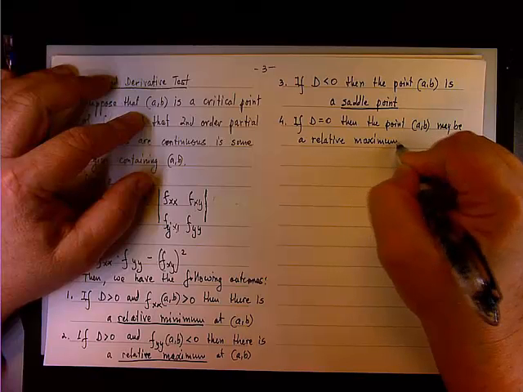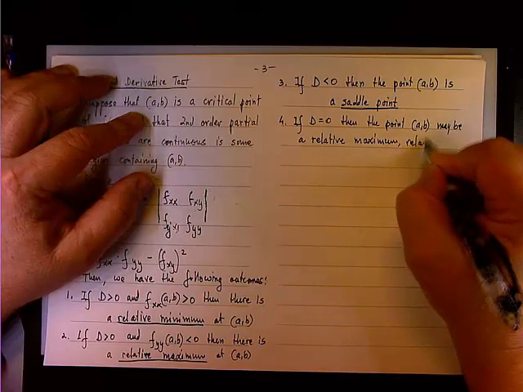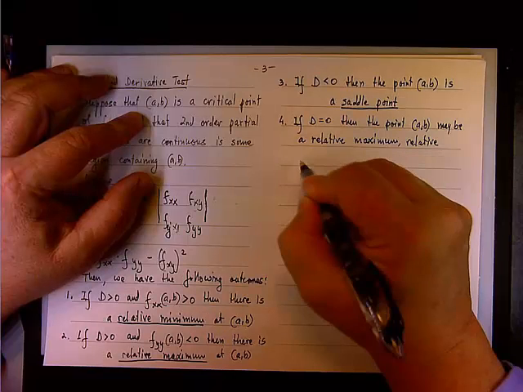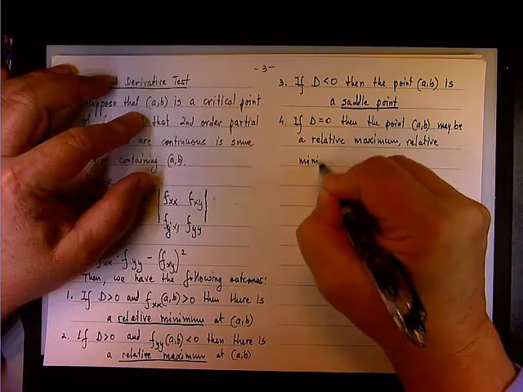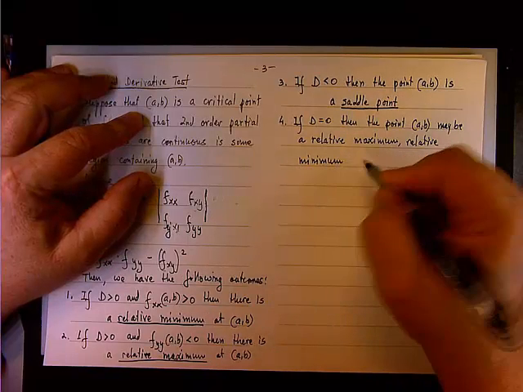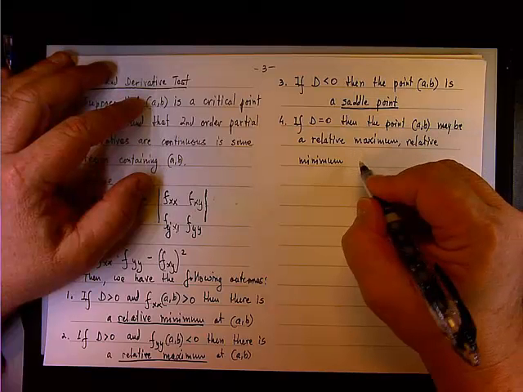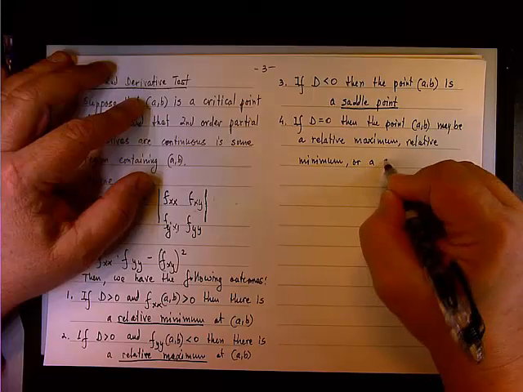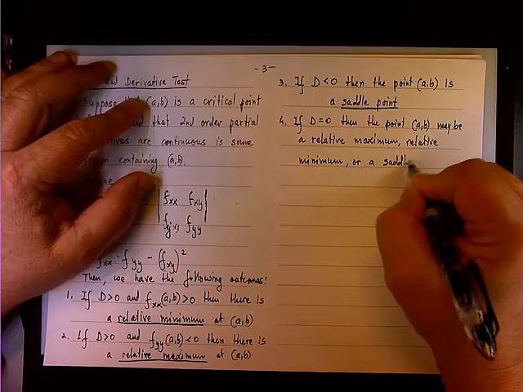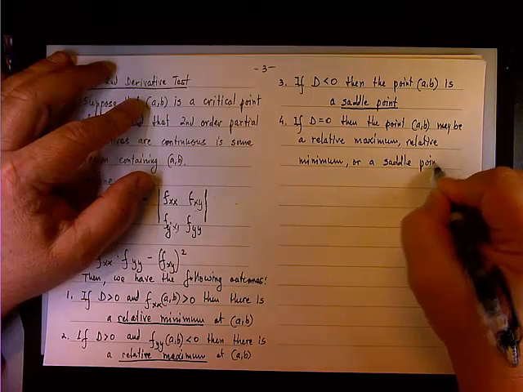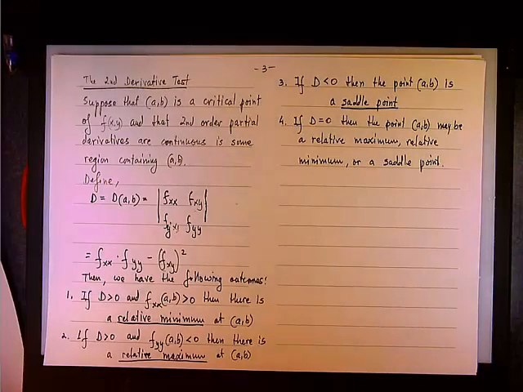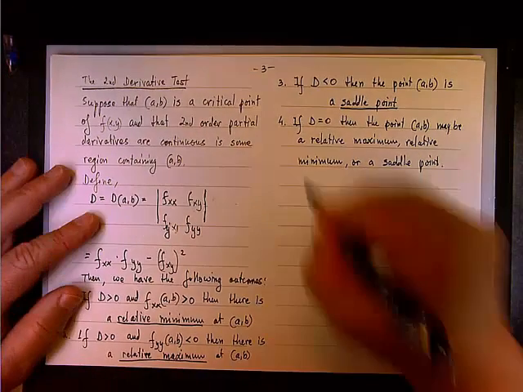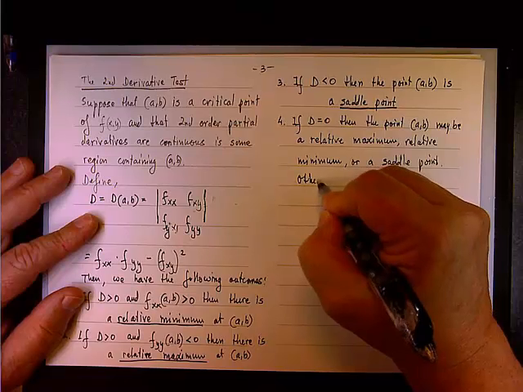It can be a relative maximum, relative minimum, or saddle point. We just need to do something else. Other techniques are required.